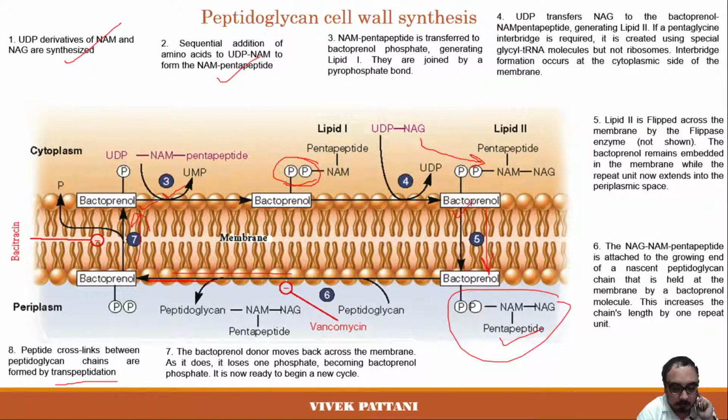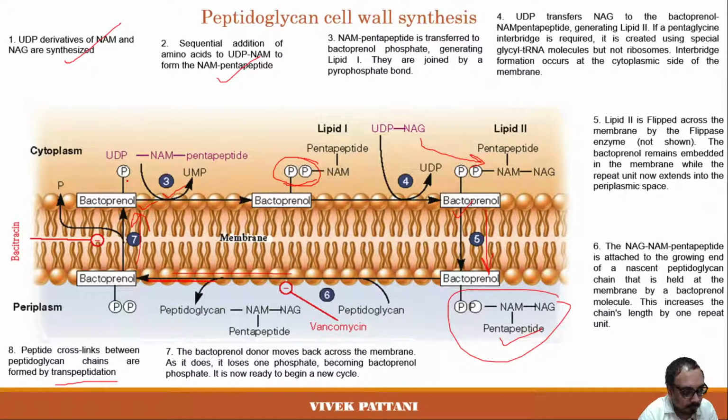Now this bactoprenol complex will be transferred to the other side of the membrane with the help of the enzyme flippase, and this unit of NAM-NAG pentapeptide will be added to the peptidoglycan chain, forming a new chain, and bactoprenol will be freed again in the form of bactoprenol diphosphate. For further use it will be transported to the other side of the membrane, where one phosphate will be removed and bactoprenol phosphate will be formed.